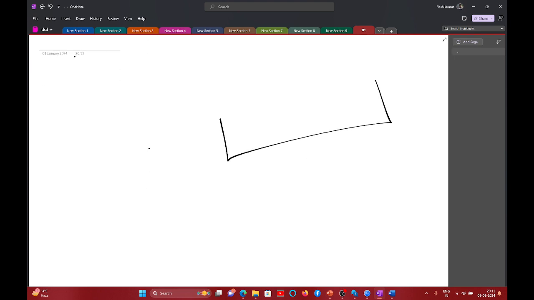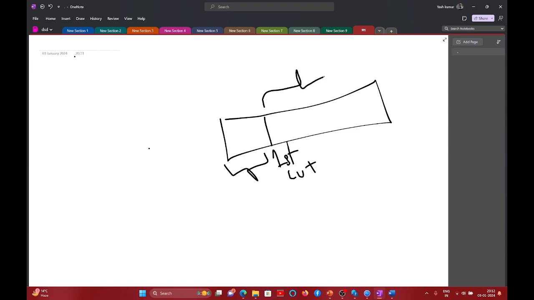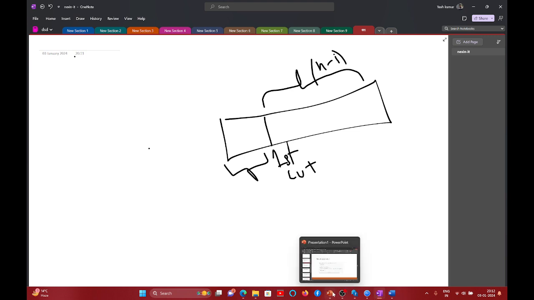So this is our first cut. This is prices of i minus 1, and this is the max profit of the rod of length n minus i. For each i, we iterate and find the maximum among those.